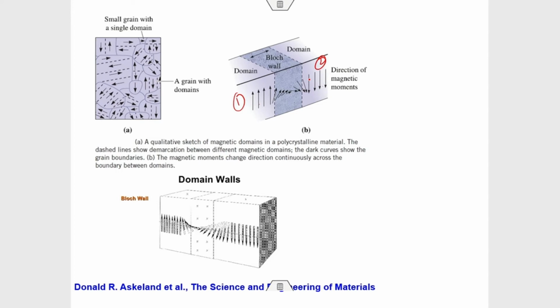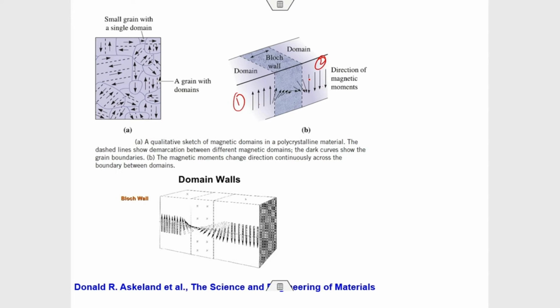So the direction of magnetization within the grain is changed by moving the block walls. If you apply a magnetic field, you can change these block wall positions, and then you can change the direction of magnetization. So if you move this block wall, all these spins will align parallel to this domain 1. That is what happens in a real material.